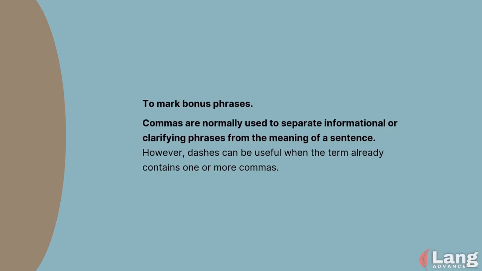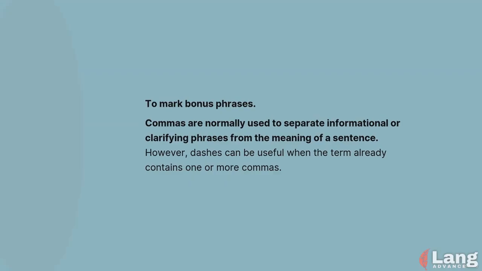To bracket phrases. Commas are normally used to separate informational or clarifying phrases from the meaning of a sentence. However, dashes can be useful when the phrase already contains one or more commas.